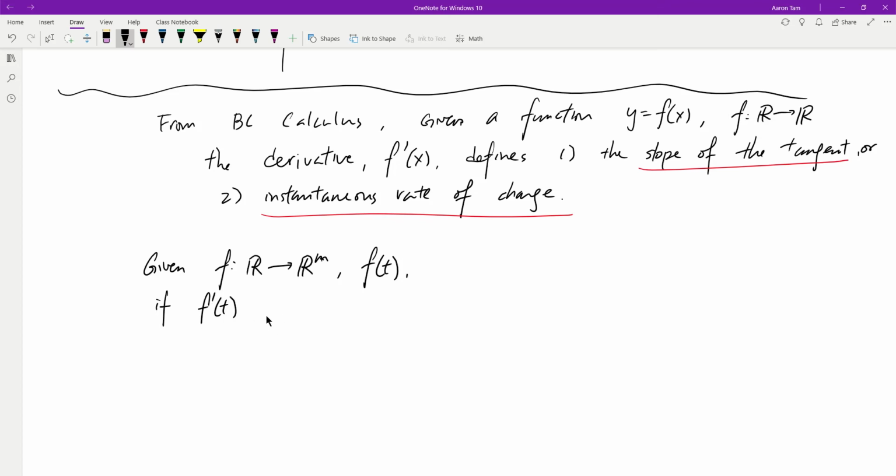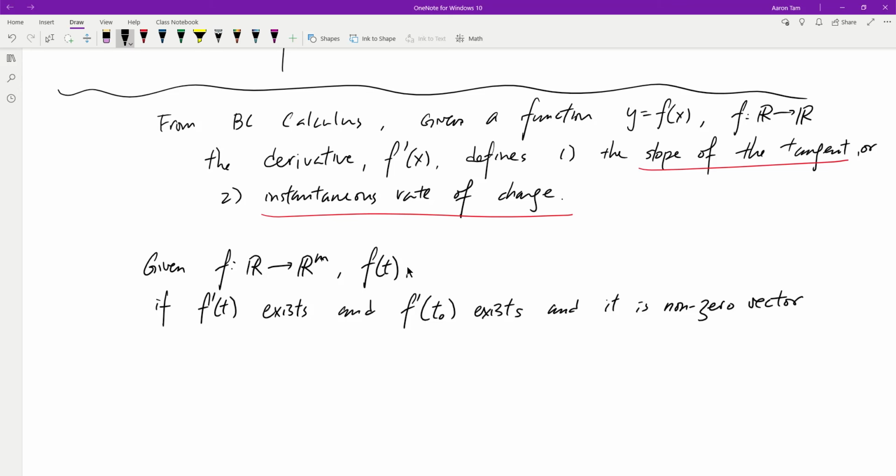If f prime of t exists, and let's say I evaluate f prime of t at some value and it exists and it is non-zero, well, technically speaking, a non-zero vector, because f prime in this case will have to be a vector.